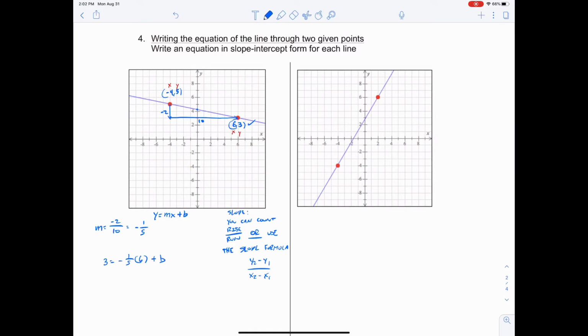I don't know what that is yet. 3 equals negative 1/5 times 6, which is negative 6/5, plus b. Actually, I should add 6/5 to both sides so it doesn't get messy here. Plus 6/5.